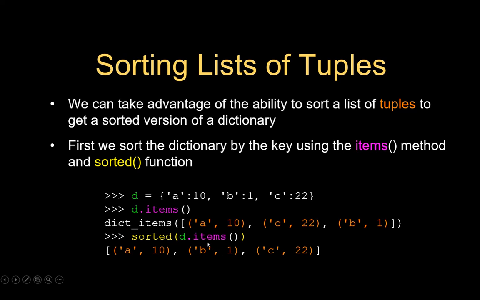We use the combination of the items method and the sort function to sort a dictionary in ascending order. We have a way to do it descending also. We're going to talk about it in the next slide.